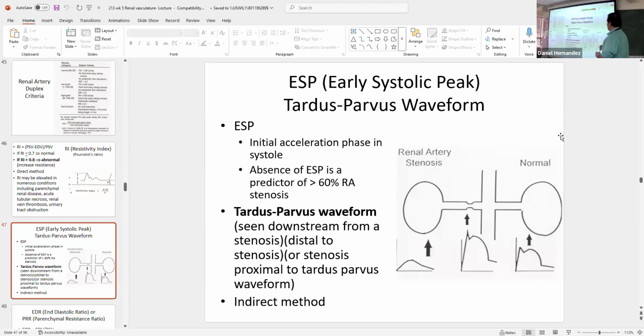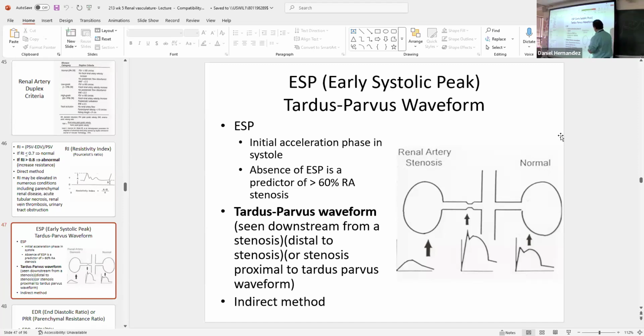So a couple of things that we also look for are early systolic peak and tardus parvus waveforms. In the initial acceleration phase, we could see an absence of that early systolic peak, and that's usually a predictor of a significant renal artery stenosis.